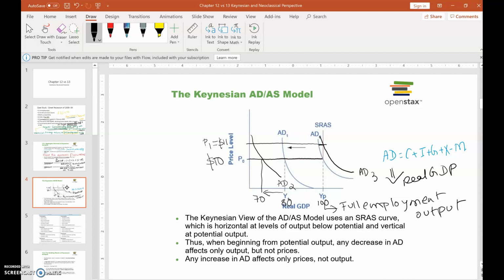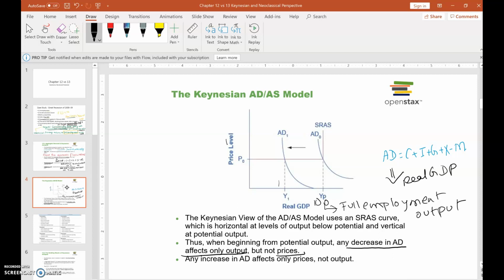Just not to make any of you confused here, on the flatter portion of the short-run aggregate supply curve, when aggregate demand changes, here we showed a decrease in aggregate demand, only output changes but not prices. But on the vertical part, if we increase aggregate demand, only prices change, not output.